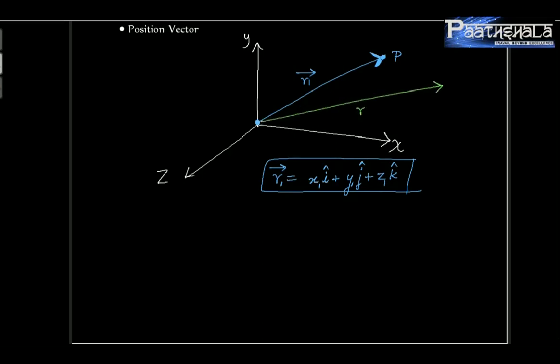Let's say this r2 represents the second point Q, which has the coordinates x2, y2 and z2. P has the coordinates x1, y1 and z1. Now the question here is, what is the line segment PQ? How can we denote the line segment PQ?